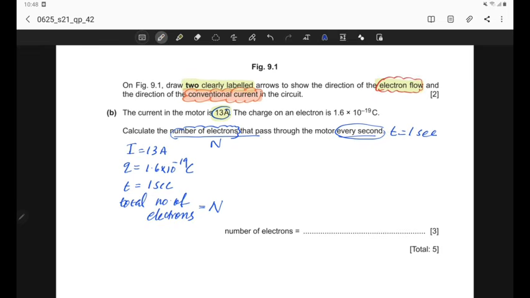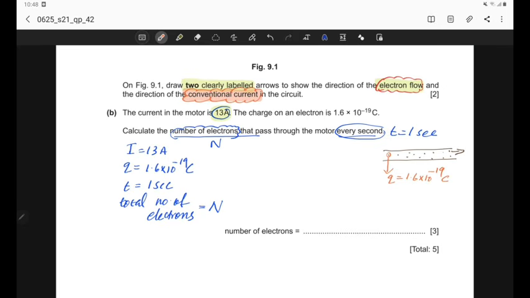So in this question we need to know that if we have a conductor or motor, whatever, we need to calculate how many electrons are flowing in 1 second. And the charge of one electron is given, that is 1.6 times 10 to the power minus 19 coulomb.